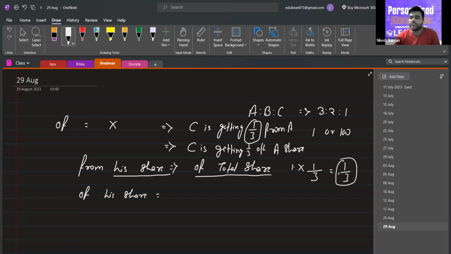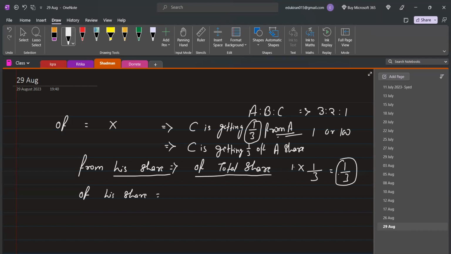So the result will be the same as the given sacrifice or gain. If "from A" is given, then it is of total share, meaning 1/3 of 1.